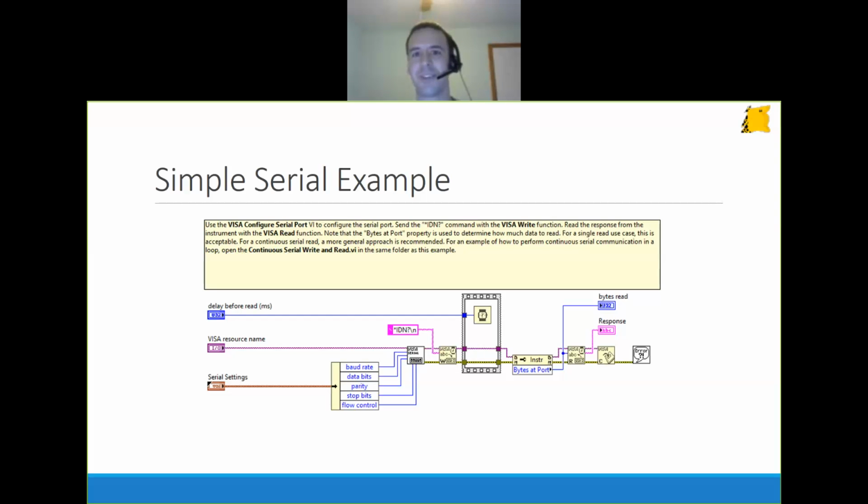The problem is this creates very weird race conditions, because I have literally had it so I wait so long, I read it, and then I get only like a third or a half of the command. And people are like, what happened? Where's the rest of my data? Again, the bytes at port is what's messing you up.